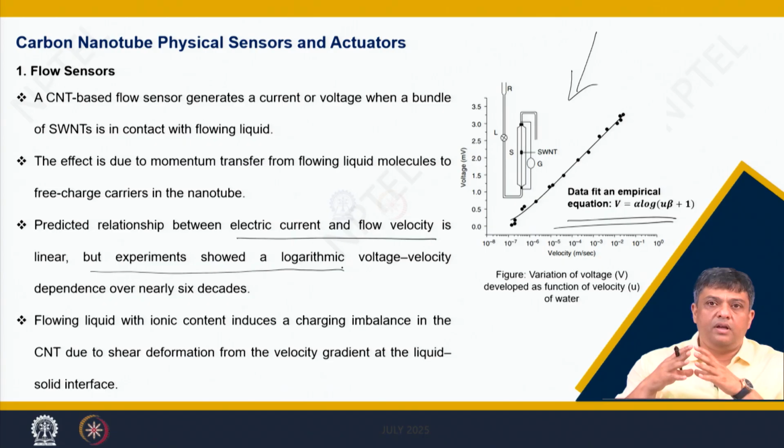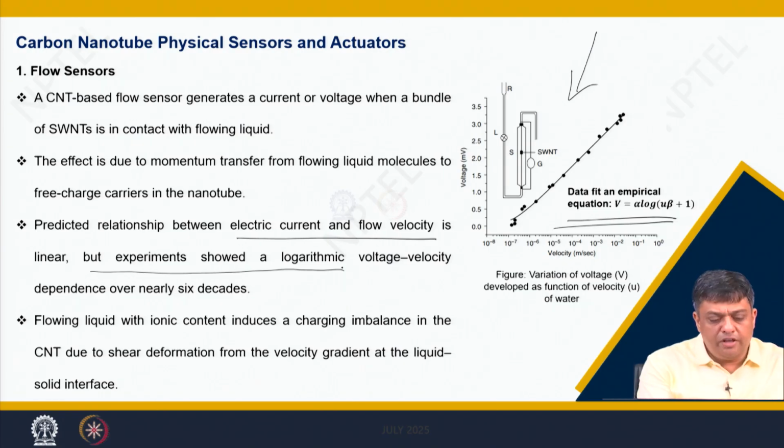So experimentally you are observing a logarithmic voltage, whereas the predicted relation is linear, because the charge transfer mechanism is much more complex than what we can model using simple assumptions.